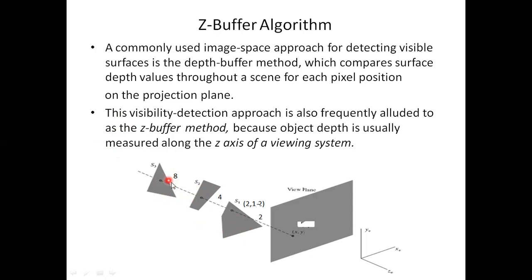Whenever we have overlapped objects, which object will be visible? Obviously the object which is on top will be visible. The overlapped object will not be visible to us. That is the common sense that we have. So we shall prove that by algorithm.